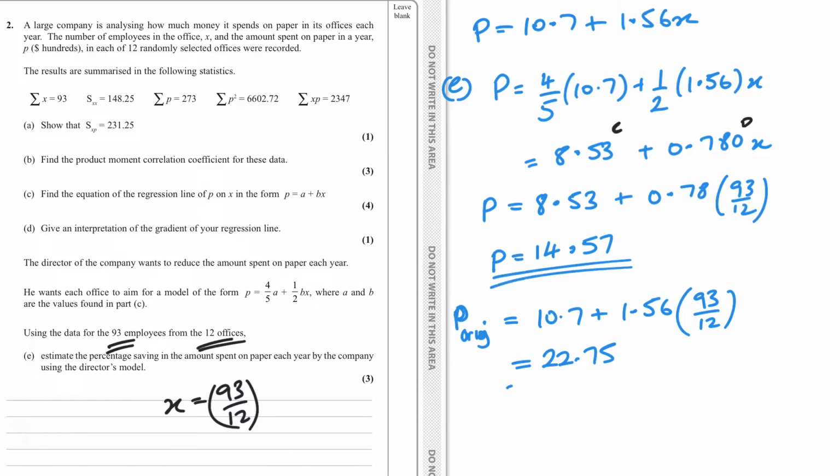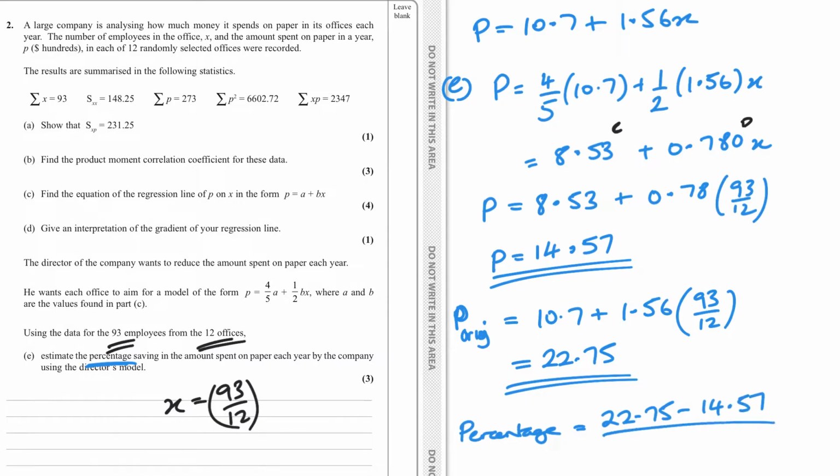We've now got our two values for P. Now it actually talks about percentage saving. So we're looking at that percentage difference. The percentage is simply a percentage change. So it's going to be the difference between the two percentages divided by the original amount.